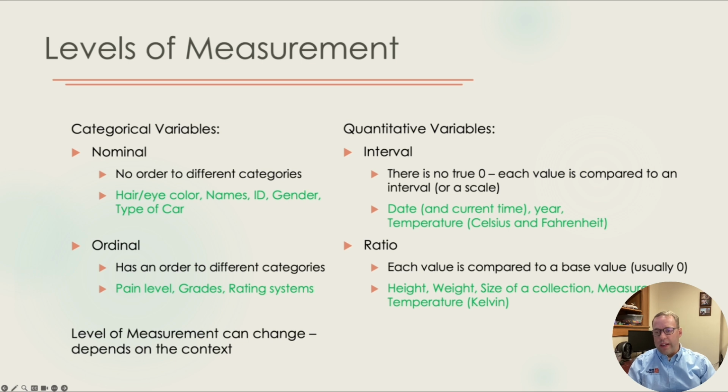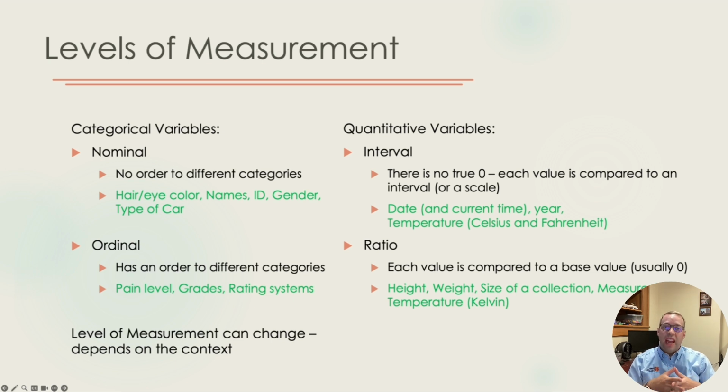Now, an important note here is that the level of measurements can technically change from context to context. For example, time. We saw that in a previous video. Let me try that this way.